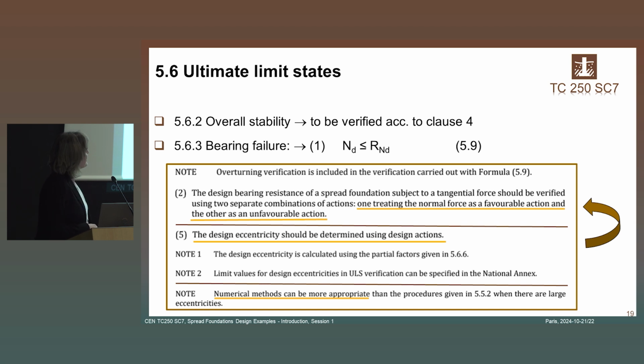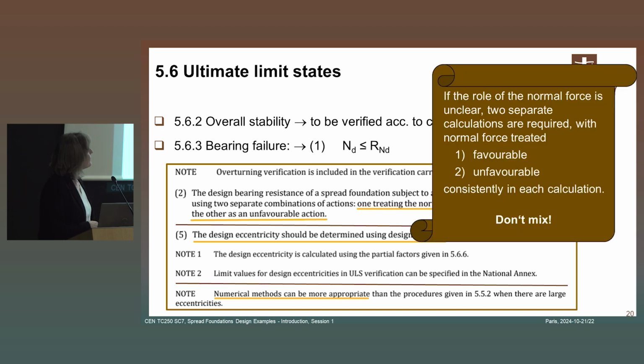And another issue is that depending on the verification case that you have, that means the way that you combine partial factors, you have to consider if the normal force in the footing base acts favorable or unfavorable. Because here, for example, you should use the design actions.